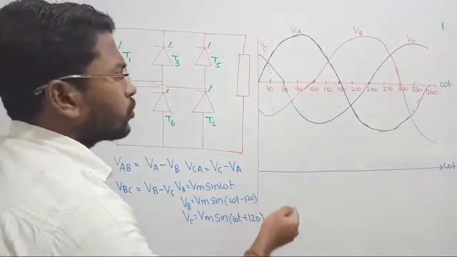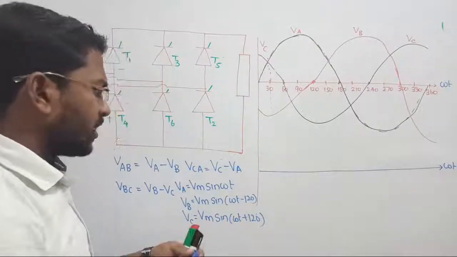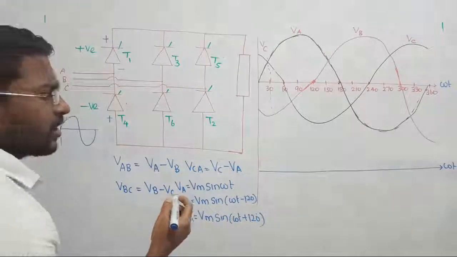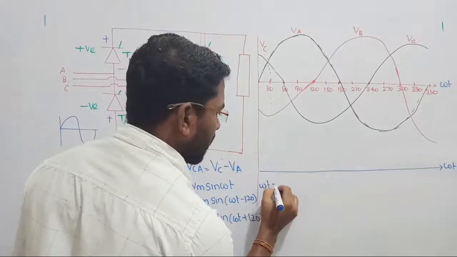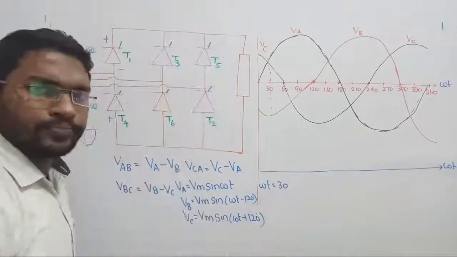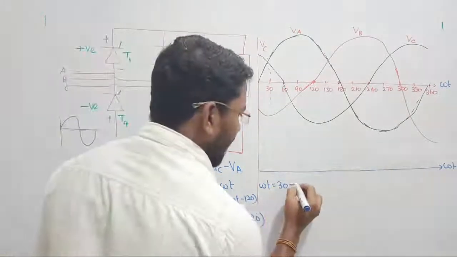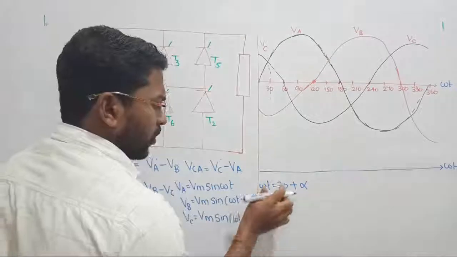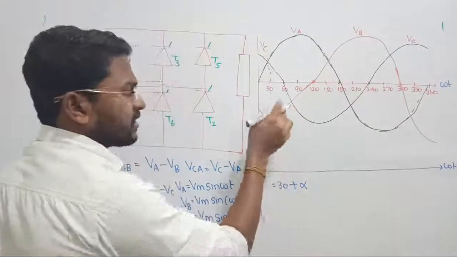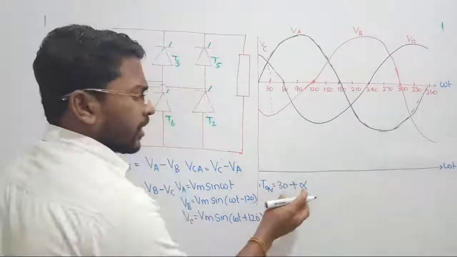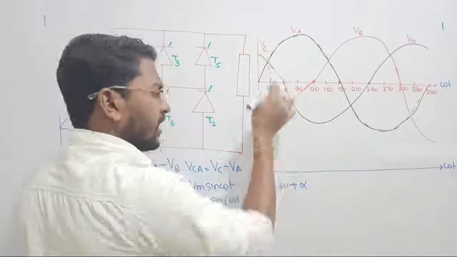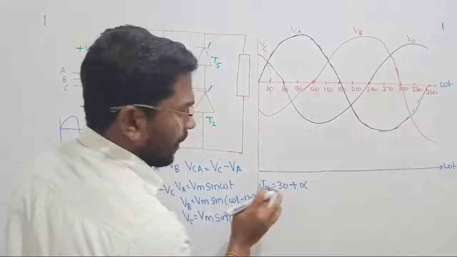So the minimum angle, if you want to turn on the thyristor, is omega t equal to 30 degree, and then you can add the value of alpha. At which point will you turn on the thyristor? The on time of the thyristor depends on two things: one is 30 degree, which is always a fixed initial value, plus alpha.